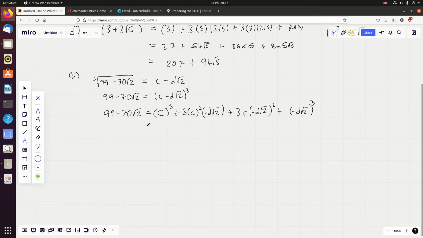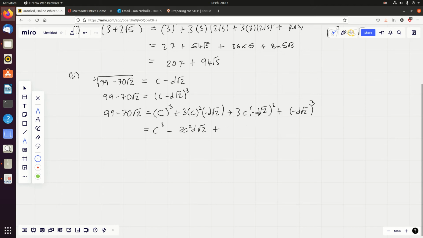And just as I was doing on the line above, I'm going to simplify that. c cubed. Oh, the signs are going to alternate, I've just noticed. So that's going to be minus 3c squared d root 2. Next bit's going to be a plus.